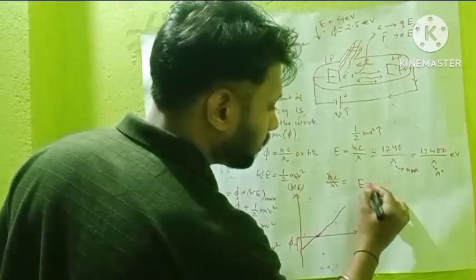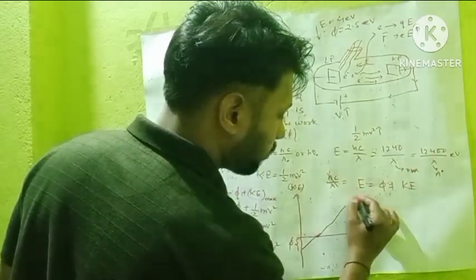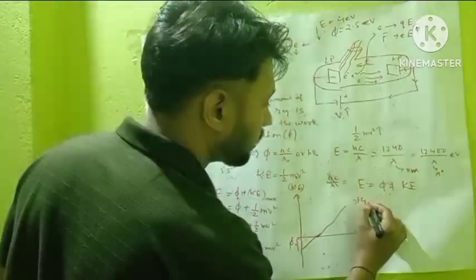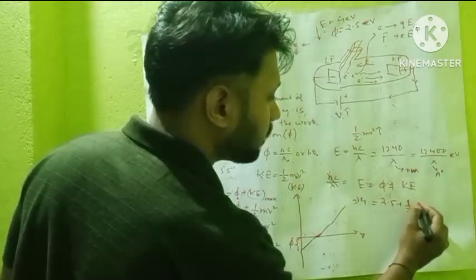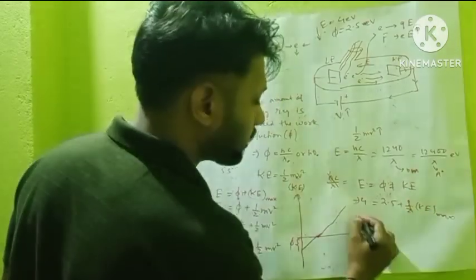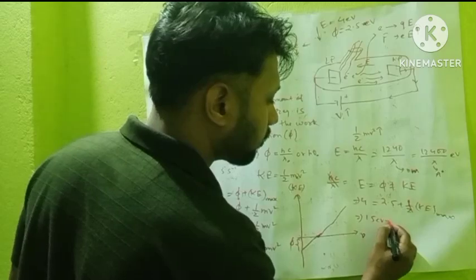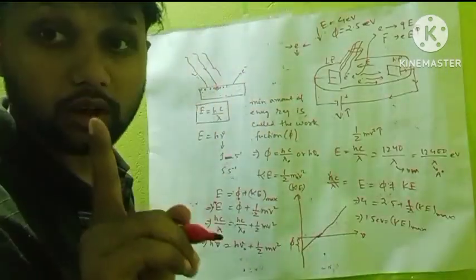E is equal to phi plus KE. E is my 4 electron volt, phi is 2.5 plus the kinetic energy, KE maximum. So from here it will be 1.5 electron volt. That is the maximum kinetic energy that an electron can possess.